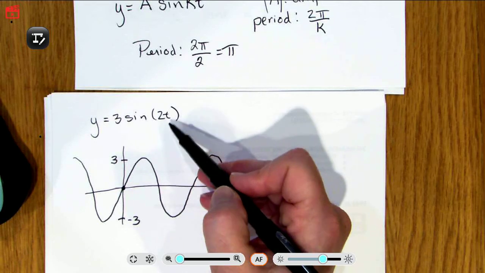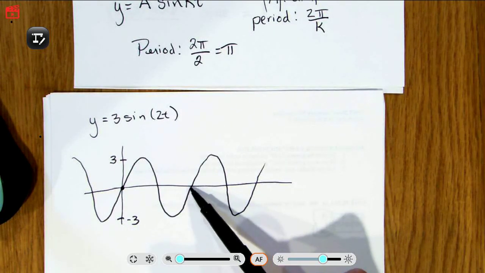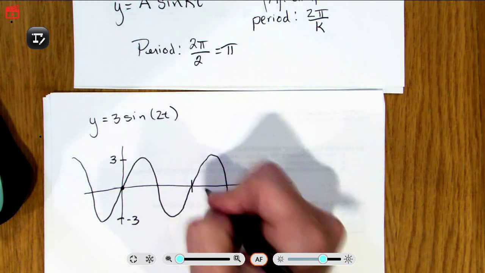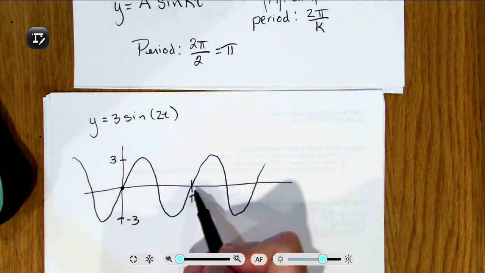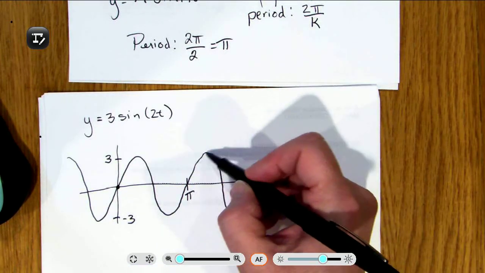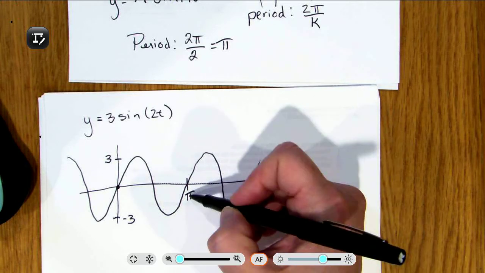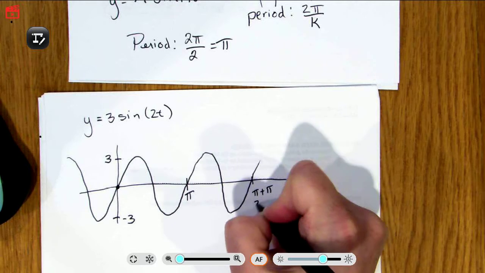This 2 is changing our period. Before, we would complete a cycle in 2 pi units, and now we complete that cycle in pi units. So I went from 0 to pi and got one complete cycle. If I wanted to know where the second cycle ended, we could add pi onto pi, which is 2 pi.